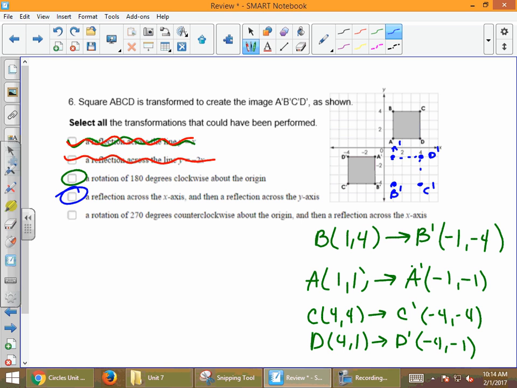Then reflect it over the y. Count 1, 2, 3, 4. Matches. And then when you reflect it over the y, they all end up matching up. So if you don't remember that little trick, do the transformations. You're going to get the right answer, just a little more work.